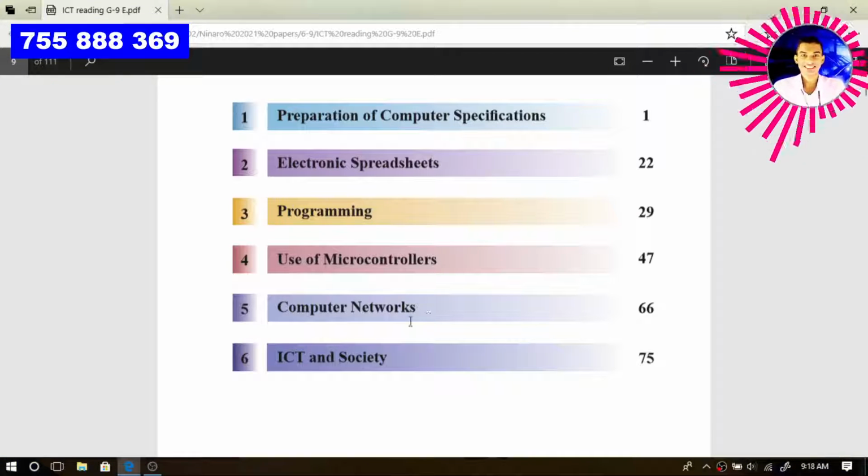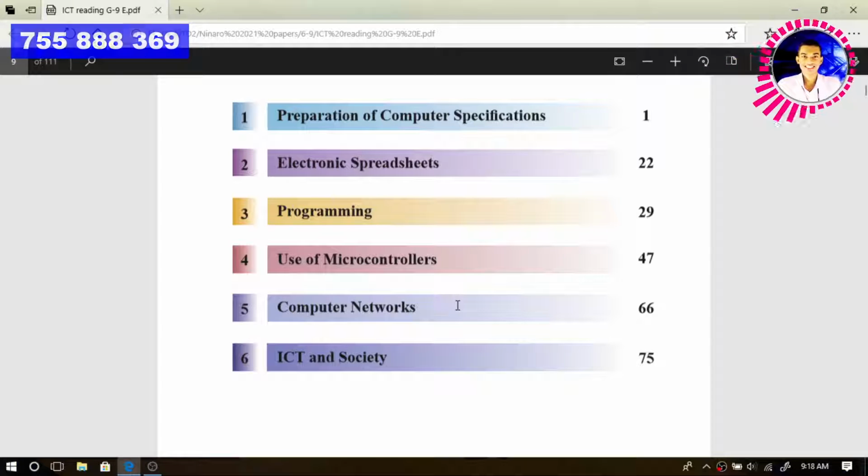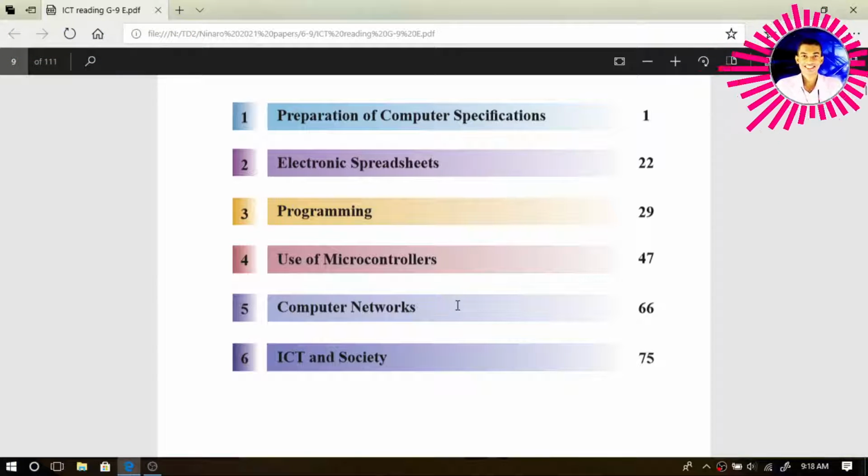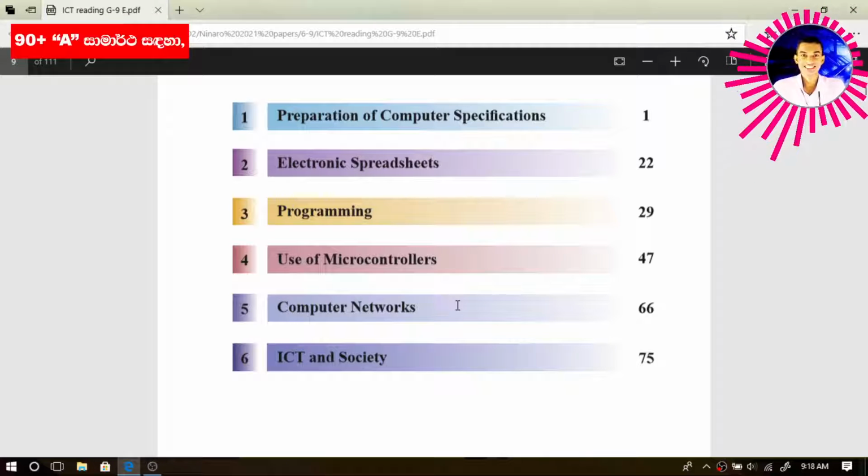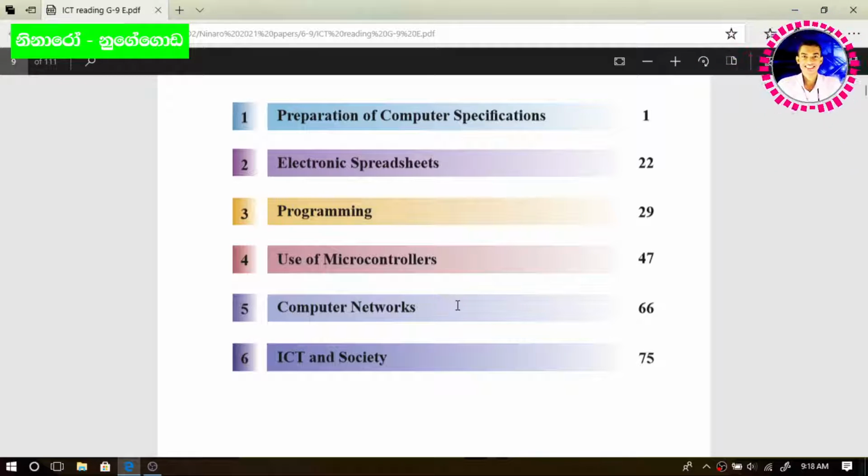Next one, computer networks. We know that the internet is also a computer network. If we have two computers, we can transfer data between the two computers using a computer network. As well, if we consider the computer lab in our school, there's a computer network in the school computer lab.